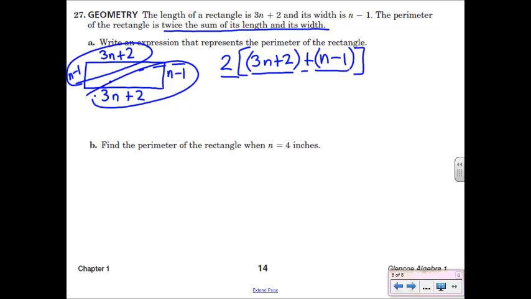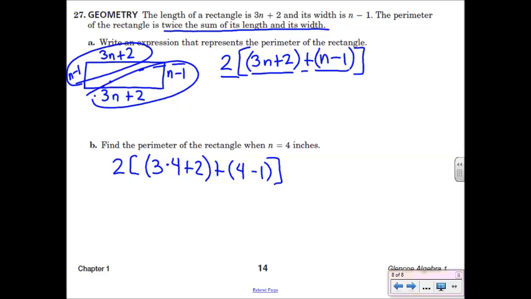And then we say that n equals 4 inches, so we're going to evaluate this expression by putting 4 in any time that we see n. And this is a little bit different because we see n twice in here. So we're going to say 3 times n is 4, and then plus n is 4 minus 1.